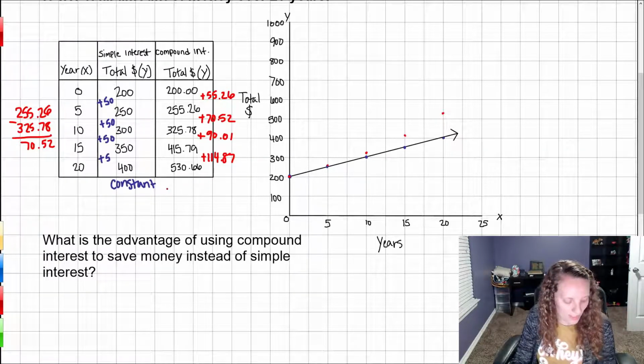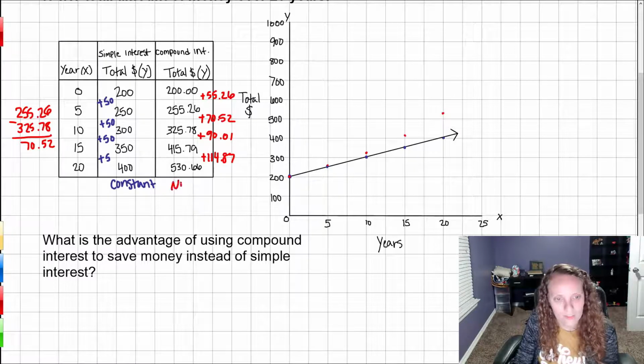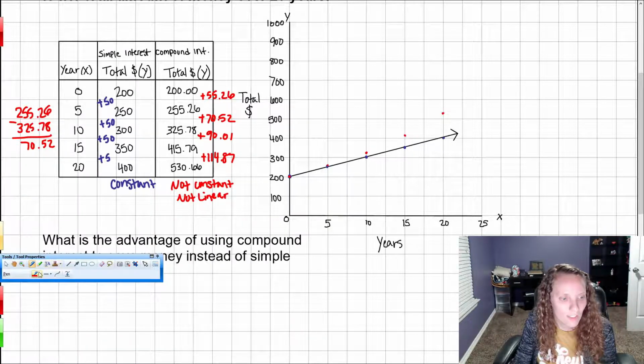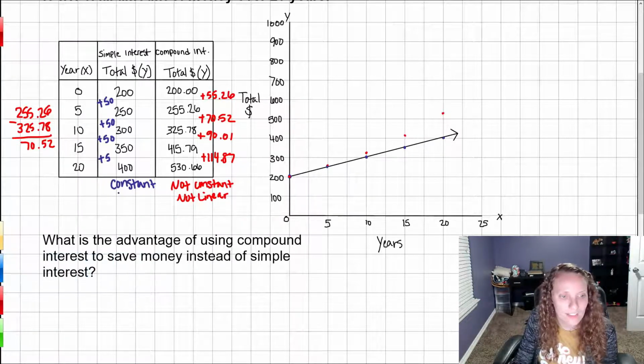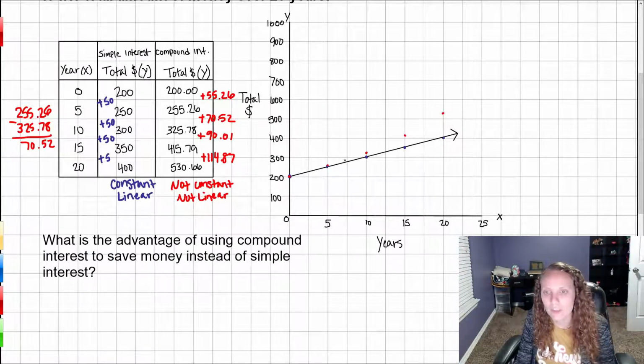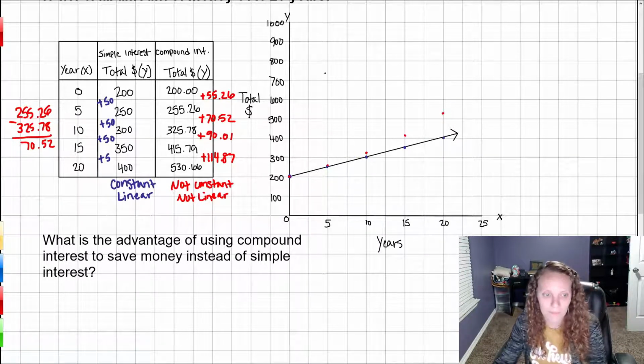So we'll just say that this is not constant. It's not linear. If it is constant, then it is linear. Okay, remember linear means a straight line, and then not constant means, like in this case, it's curving up a little bit.